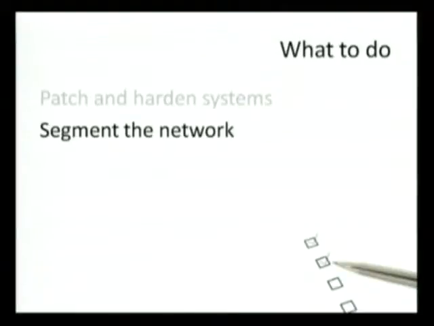When there's actually some segmentation, what you more often see is that there's no filtering between segments. So there's a nice client segment, and there's a nice server segment, and maybe some other segments, but there's no firewall between them, so they can talk freely as well.